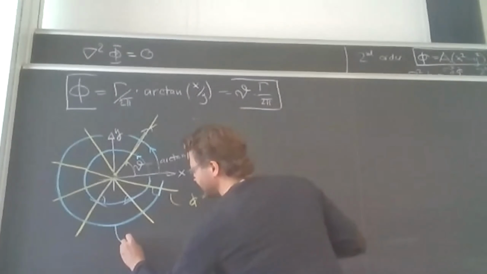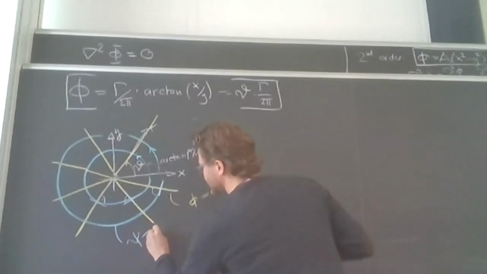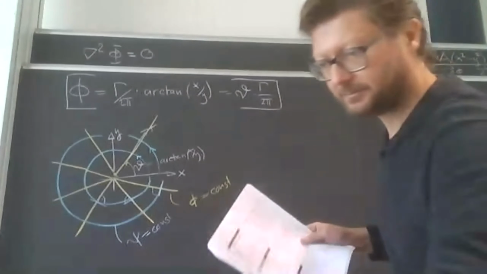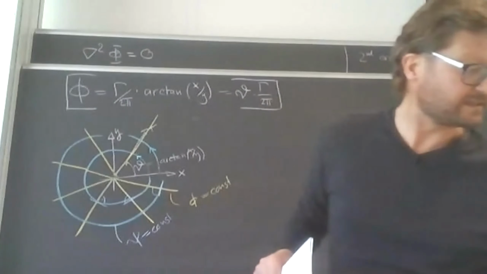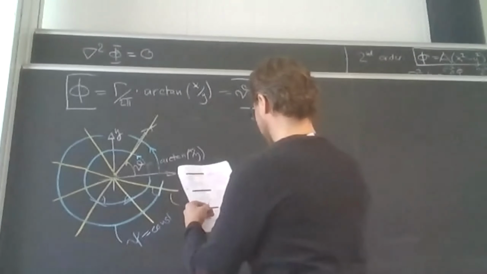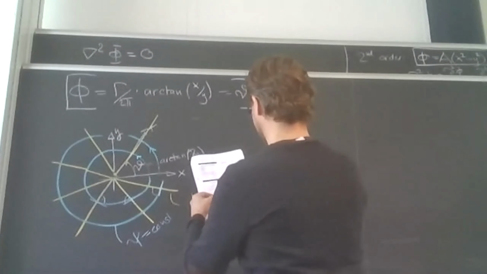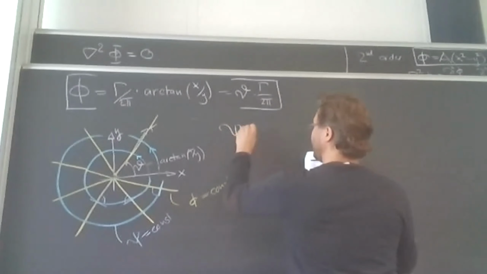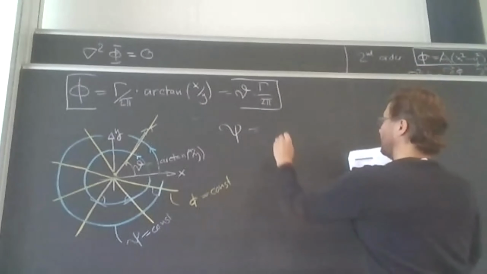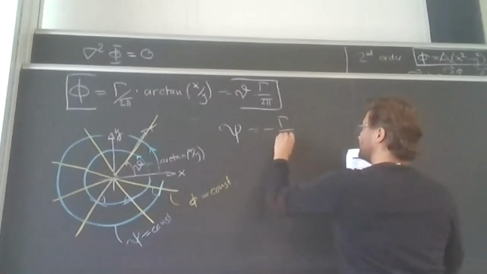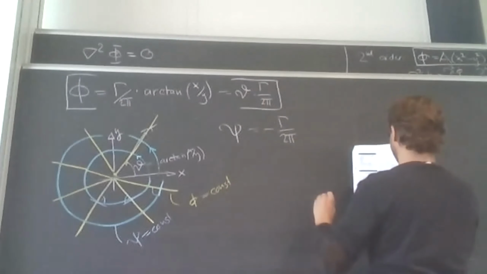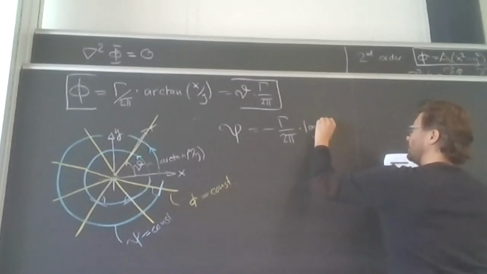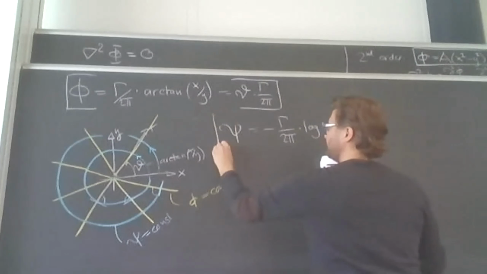And of course, these lines are lines where our stream function is a constant. And let me just write down what the stream function actually is. The corresponding stream function psi is actually minus gamma over 2 pi, again the strength factor, times the logarithm of r.